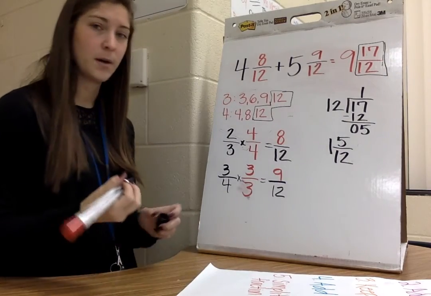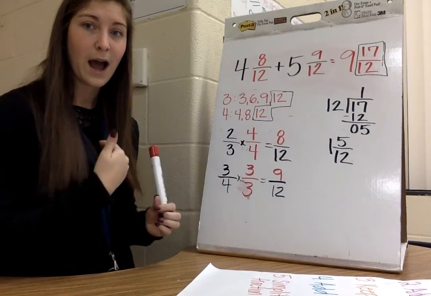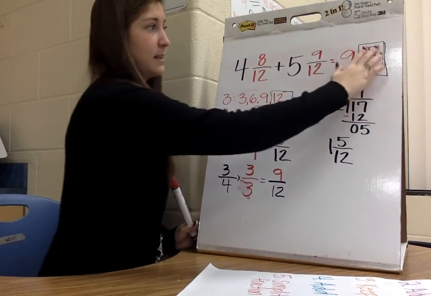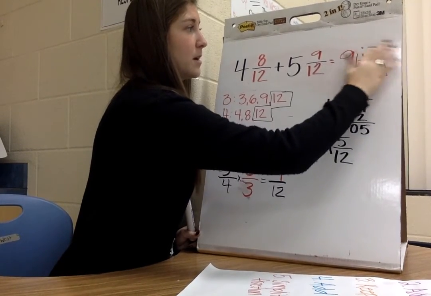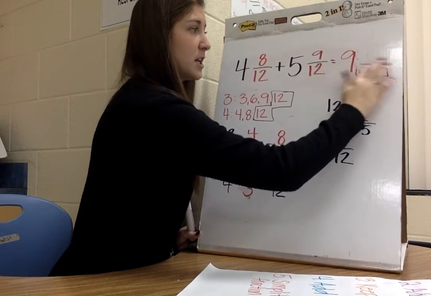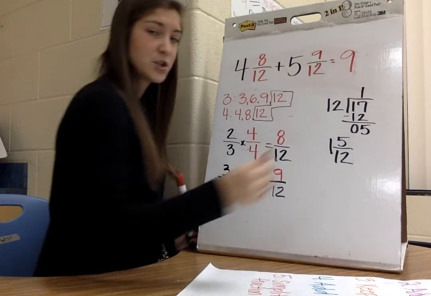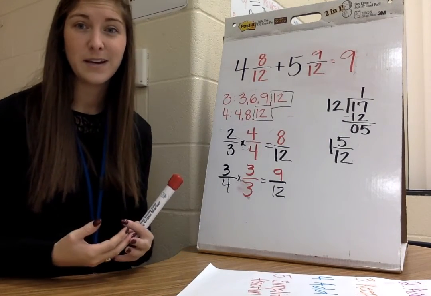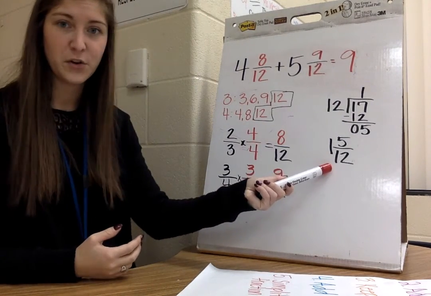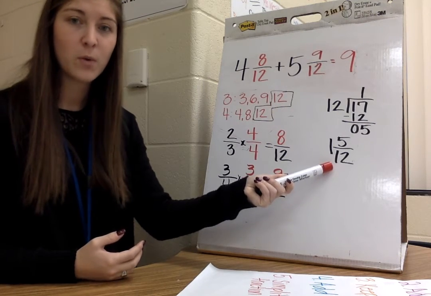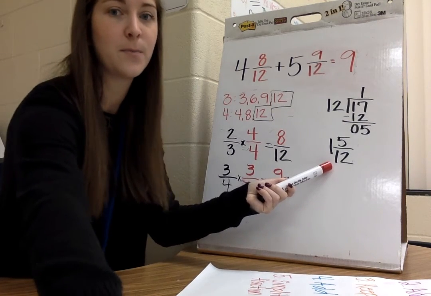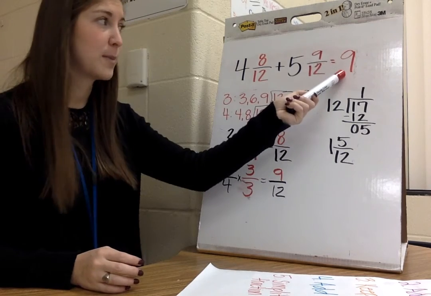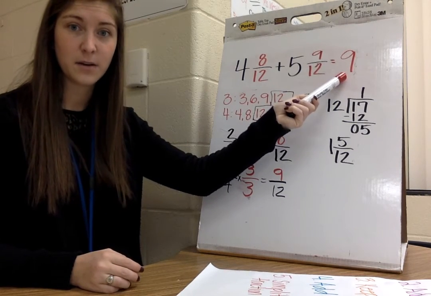My mixed number from this division problem is 1 and 5/12. Okay? Now, what I like to do is erase this fraction up here because now that I've changed it into a mixed number, I'm finished with it. I don't need it anymore. I have my new mixed number down here. But what I cannot forget about is my 9 that's up here.